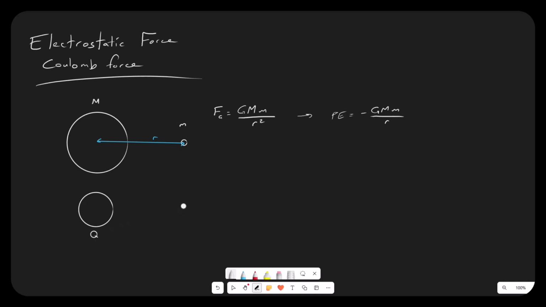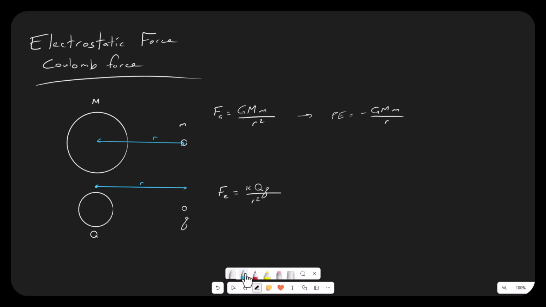We have another object here that has a charge q. These are separated by a distance r, and they exert forces on each other. This is an electrostatic force, so I do F sub E, and I get K Q Q over R squared.